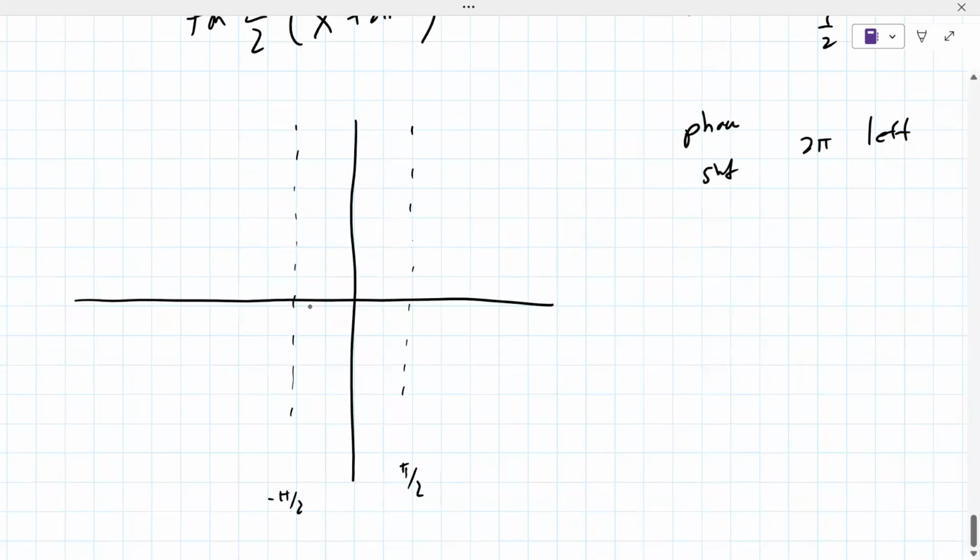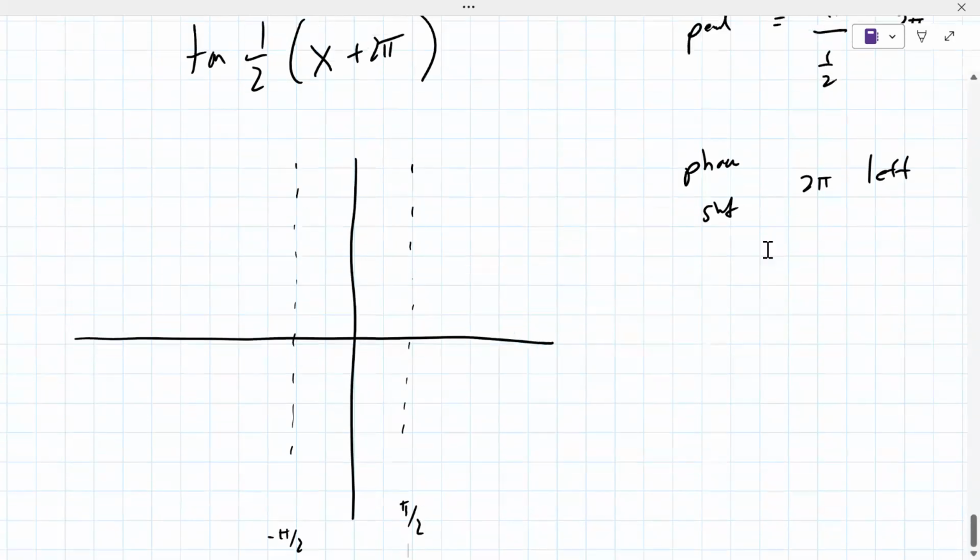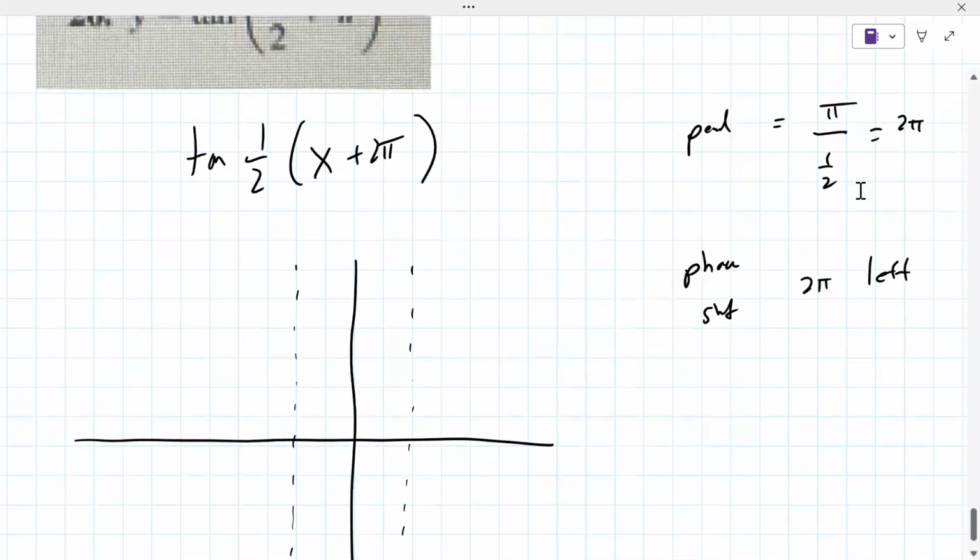But you're moving it first 2 pi left, and then the period is 2 pi. So I don't know how much detail to go into. Let me do something real quick here.